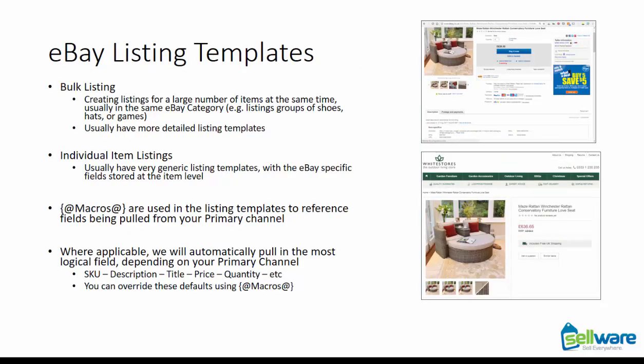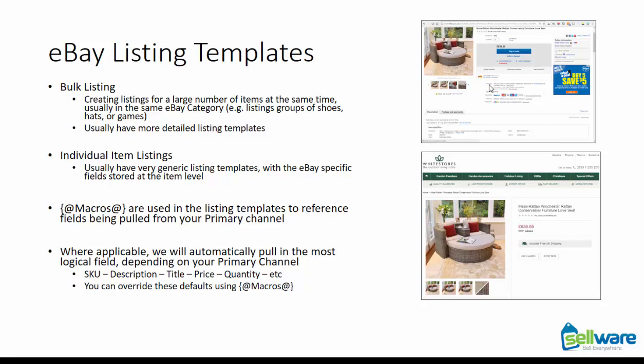So we're going to start off with eBay listing templates. We have a couple of different varieties. On the right-hand side, we're going to be doing a combination of just a PowerPoint review to set the scene, and then we're going to jump into the live tool to go through how you would do this on the fly. So an eBay listing template, as you see on the right-hand side, consists of images, price, variants, and attributes within the eBay world.